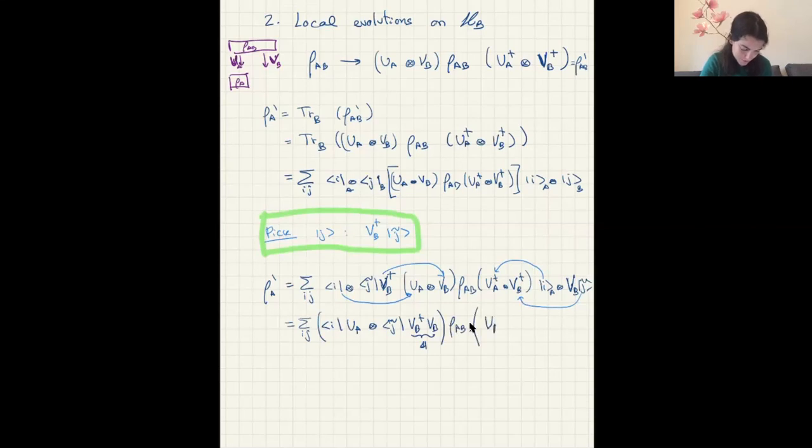So you get UA dagger times VB. Oh, sorry, I, VB dagger, VB J tilde. Which means that we can get rid of this. And this is just one way to see how it's going to work out.